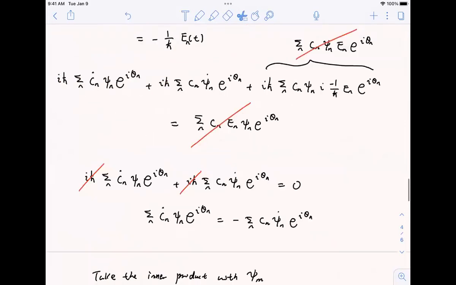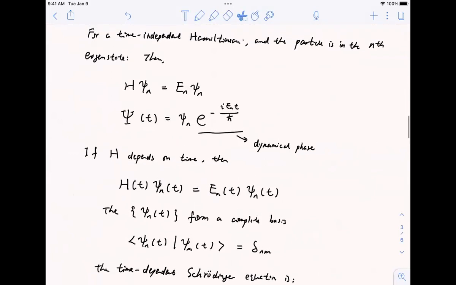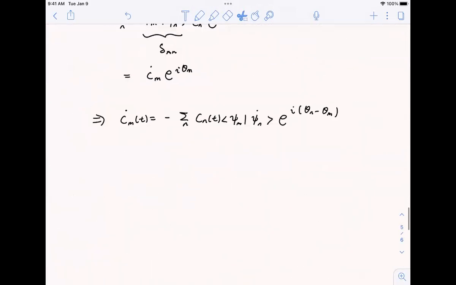Okay, so now let's go back to this equation. Copy. Differentiating, you do the differentiation on this.